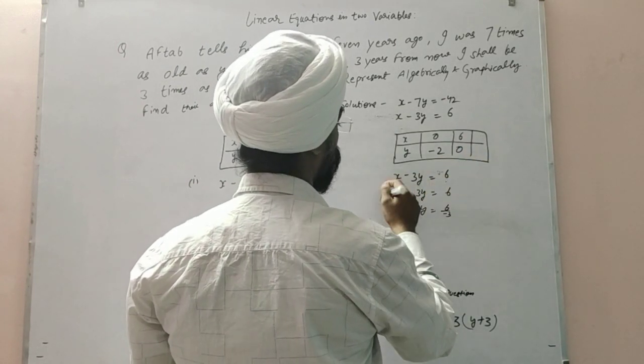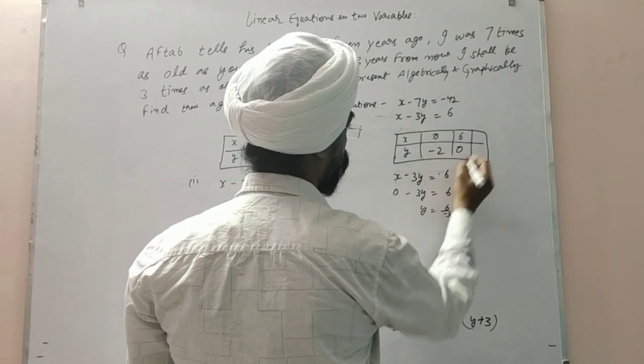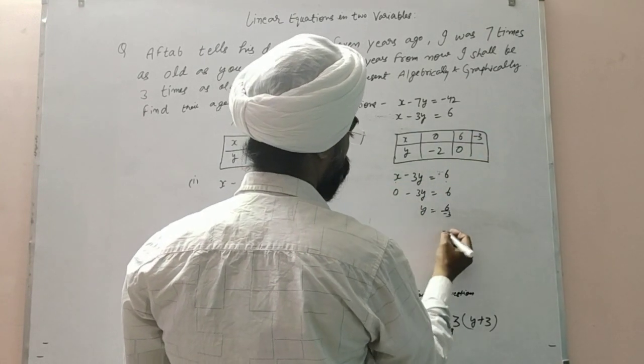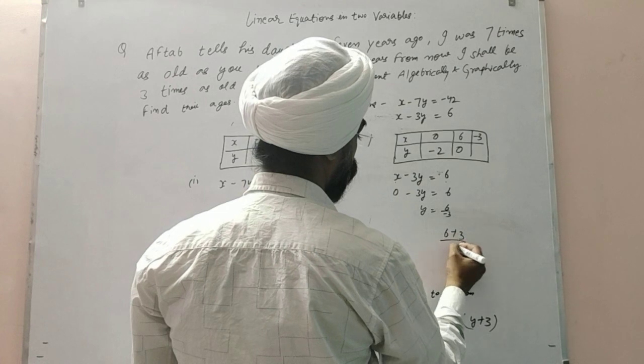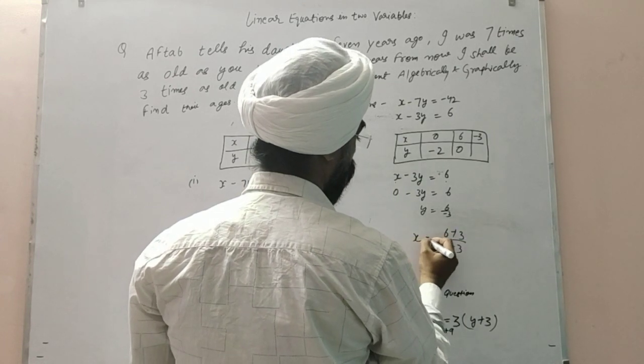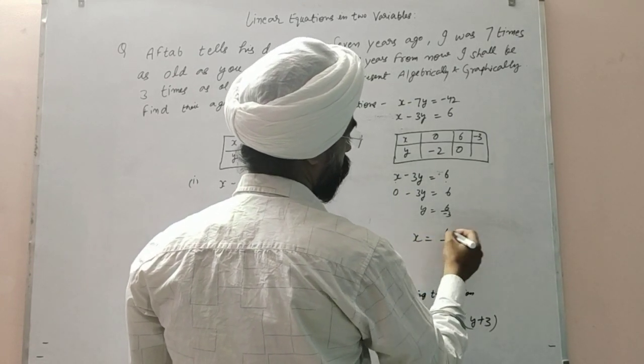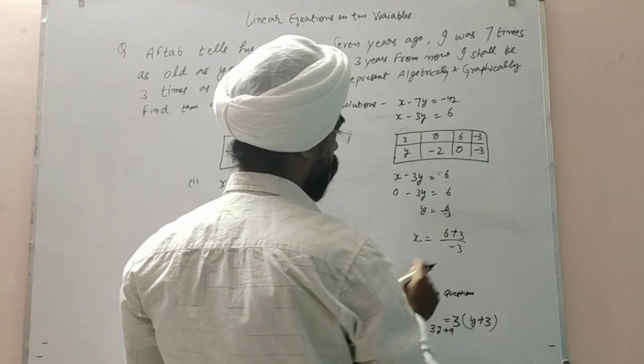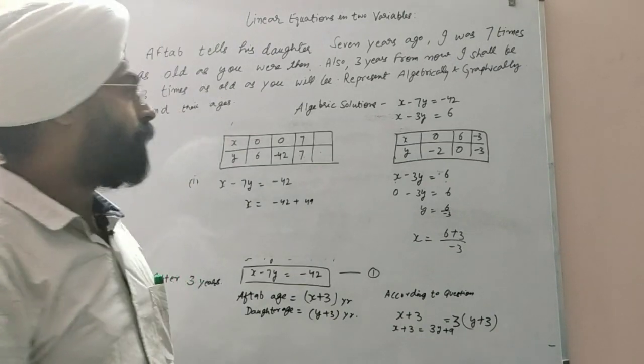Or you can take x as minus 3, it will give you minus 3y equal to 6 plus 3, then y will become 9 by minus 3, meaning minus 3. Right, so these are the tables.